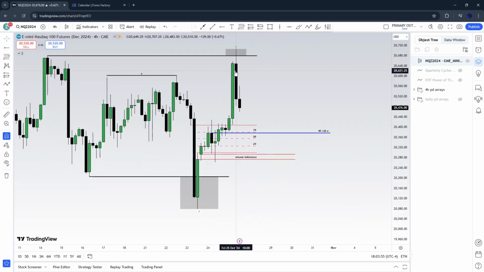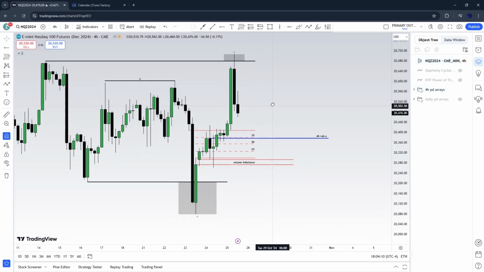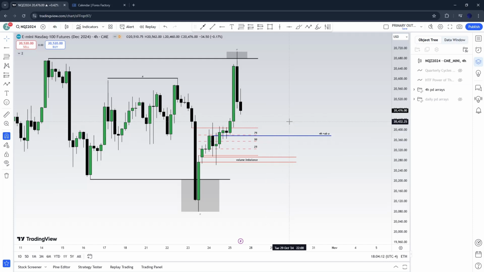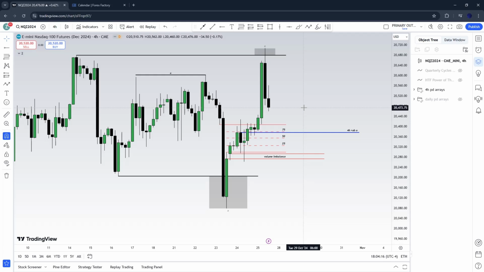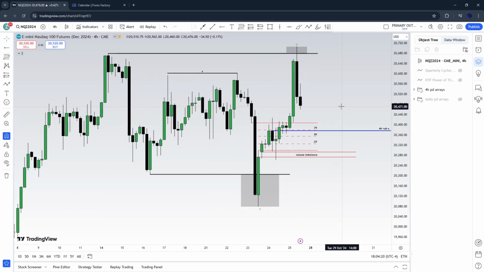And then we have us gravitating towards a 4-hour order block, which is in here, which hasn't really been reacted off of. If you look at these candles which have tapped into it, they haven't left that range before they tap into that. So any retracement back down into this range could be considered as a bullish reversal, depending on whether the signs are there on the lower time frame.